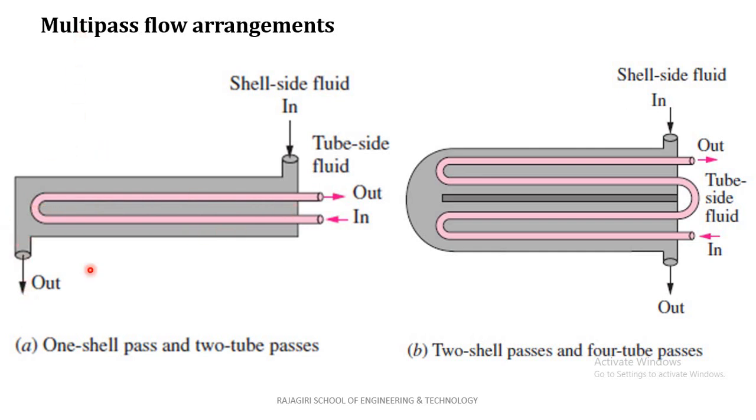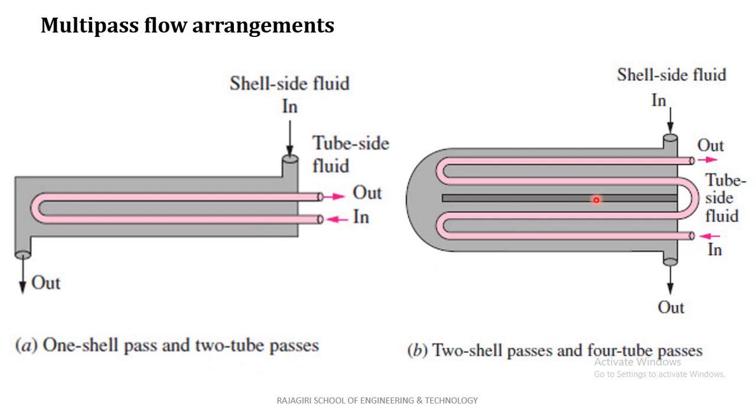So it is one shell pass. But on tube side the fluid entering at this side moves through the length of the heat exchanger in this direction once, then it moves in the opposite direction along the length of the heat exchanger. So it will move 2 times through the length of the heat exchanger. So it is called 2 tube passes.